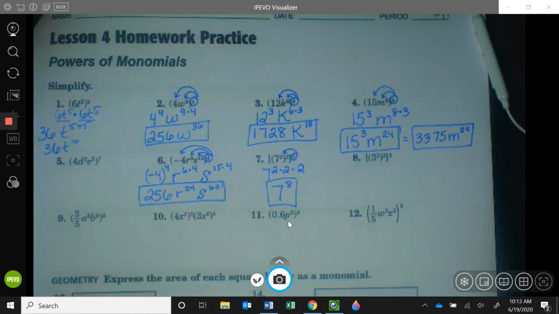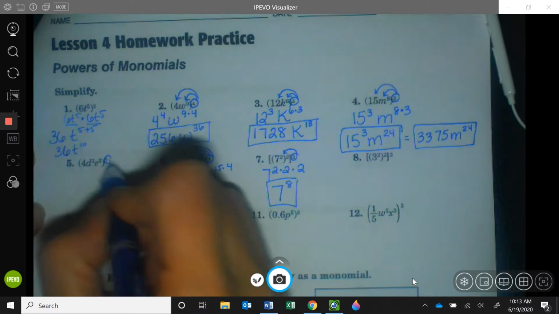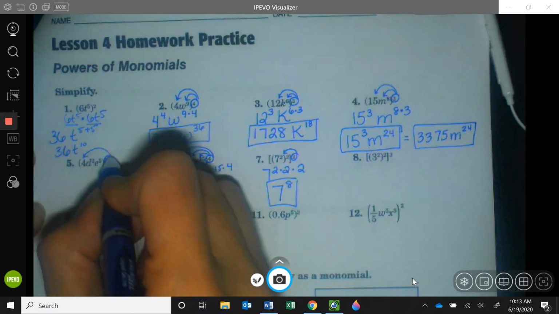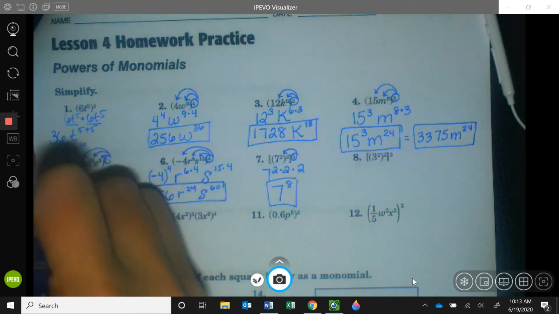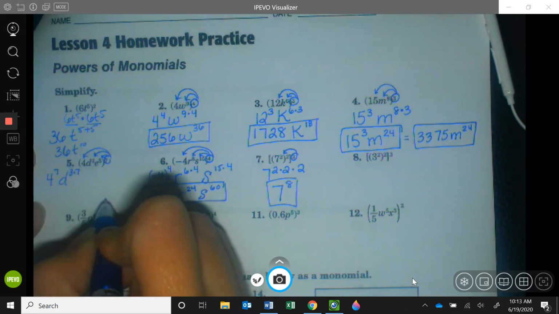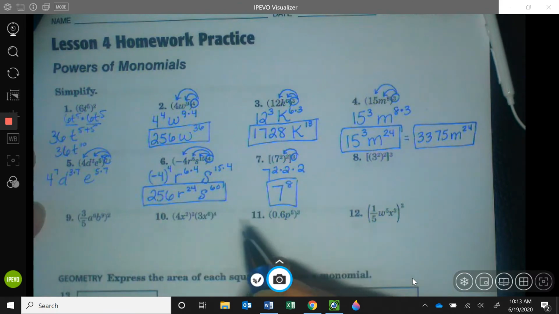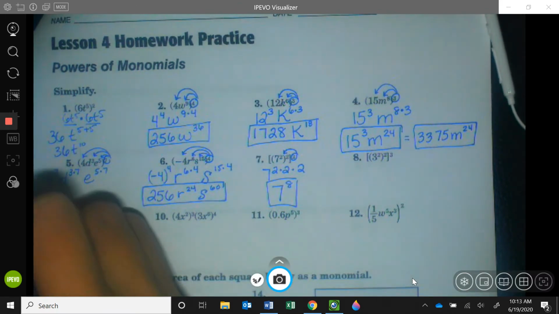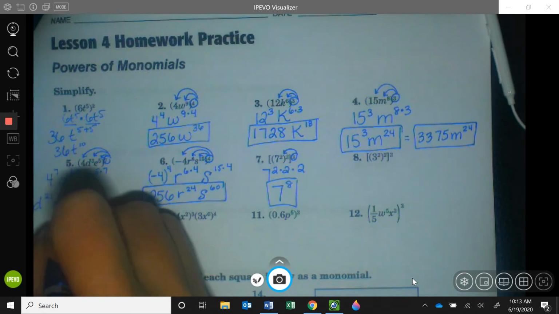If you take a look at number 5, this 7 needs to distribute to the 4, to the D, and to the E. So we get 4 to the 7th power, D to the 3 times 7 power, and E to the 5 times 7. So 4 to the 7th power, D to the 21st power, E to the 35th power.